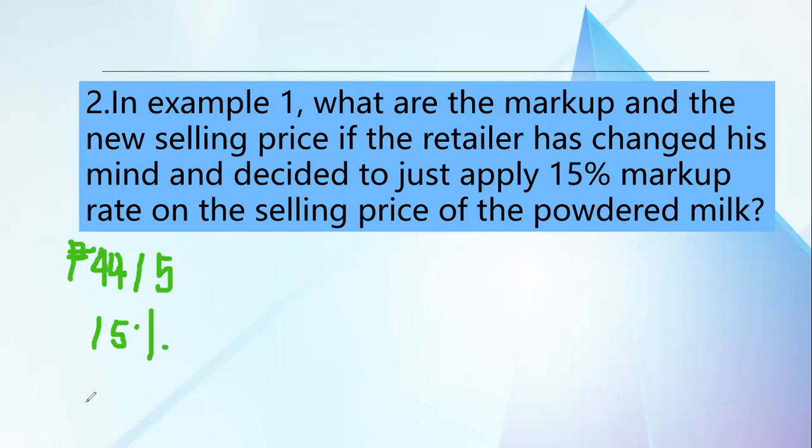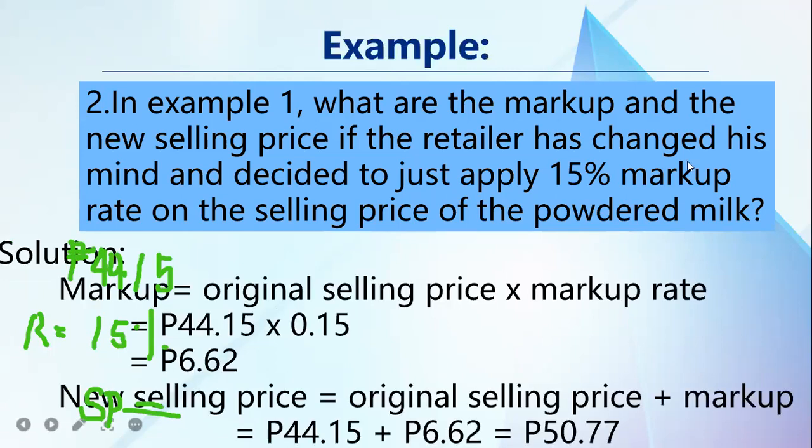And the unknown will be the selling price. So, the markup rate is given, and also the original price. What will you do? How to solve this one?